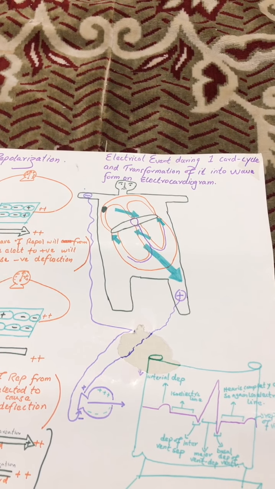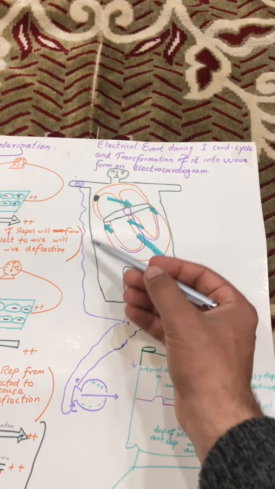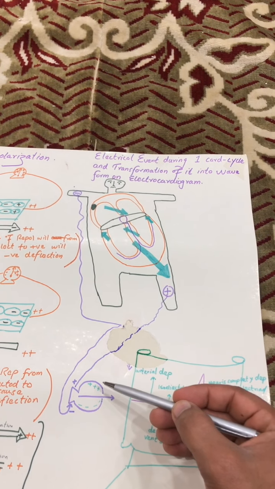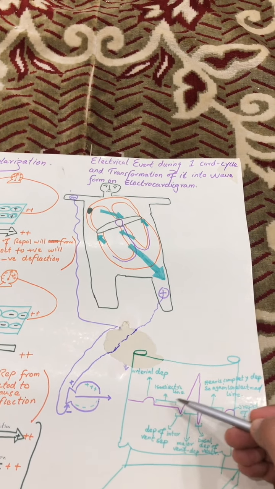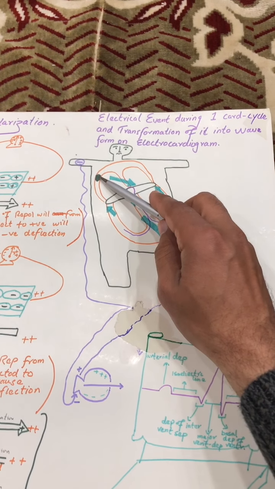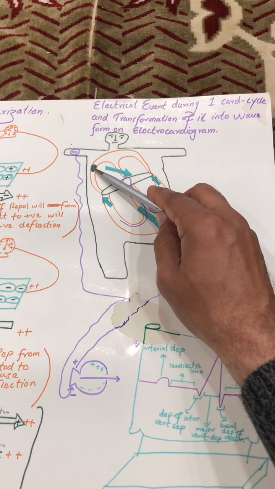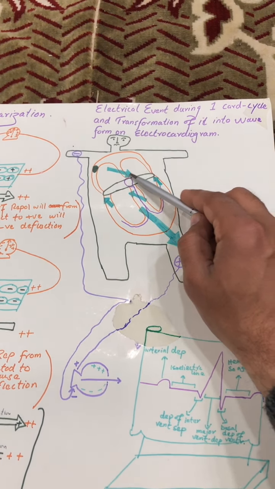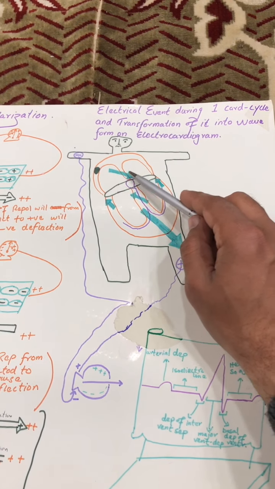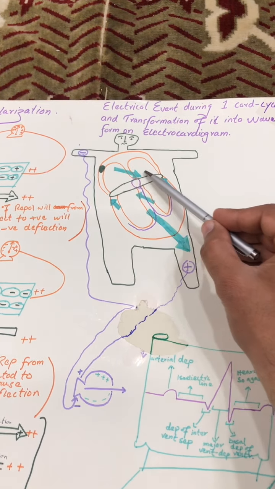Okay, now let's start. How does the action potential produce, how does it put current into this galvanometer, upward deflection and downward deflection, and produce the ECG waveform? It will start from the SA node. See, the current is going to be produced from the SA node. It is going to spread over all these atrial cardiomyocytes. It is going to produce this big vector.